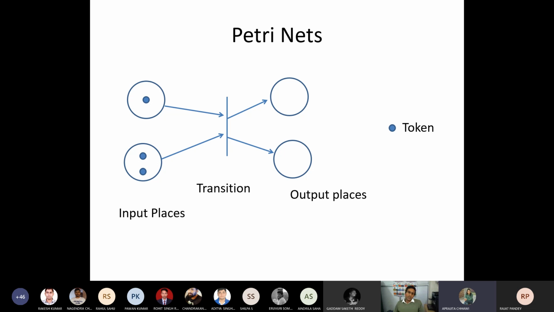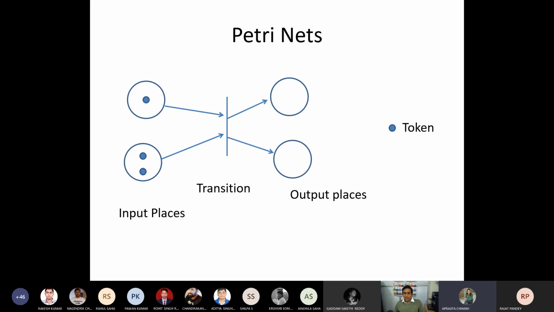Now you see, I said here the circles represent vertices, as well as the vertical line, which is a transition. This is also a node, also a vertex.